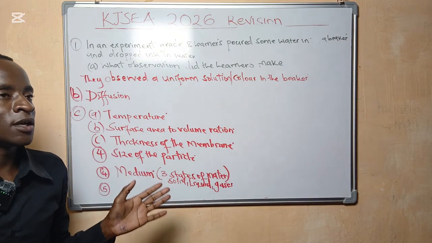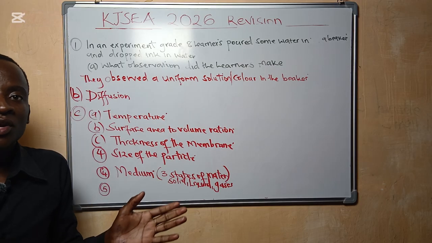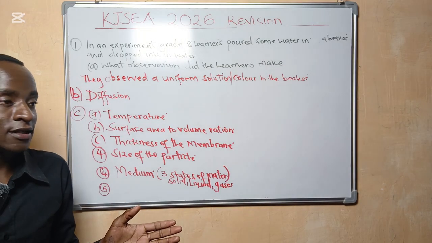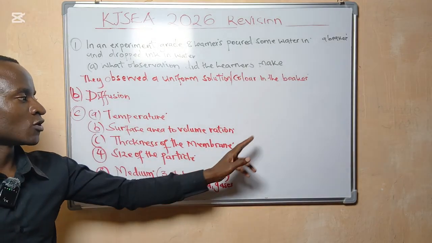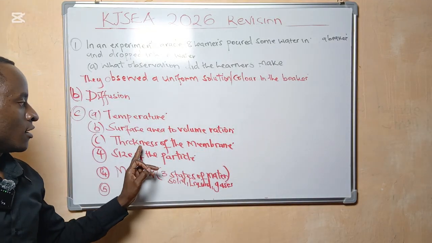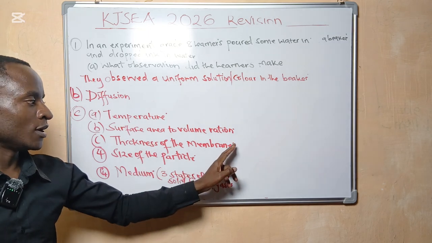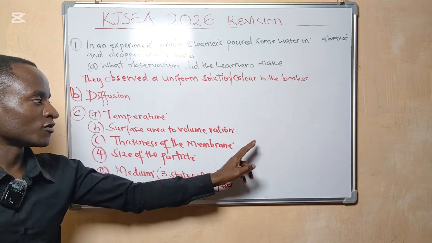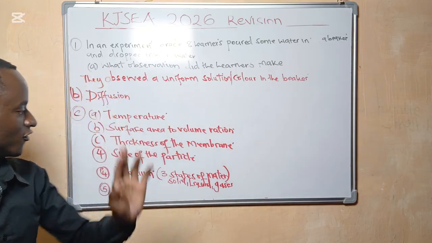With a thinner membrane, the particles are able to diffuse within a short distance, right? So the thinner the membrane, the faster the rate of diffusion. The thicker the membrane, the slower the rate of diffusion.